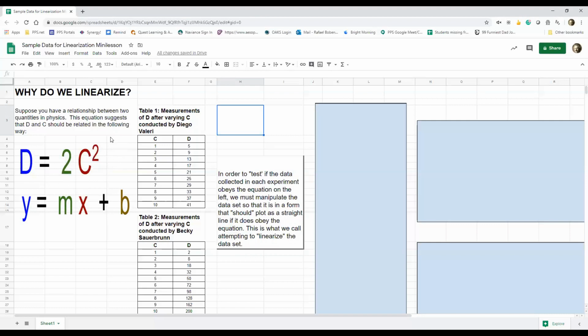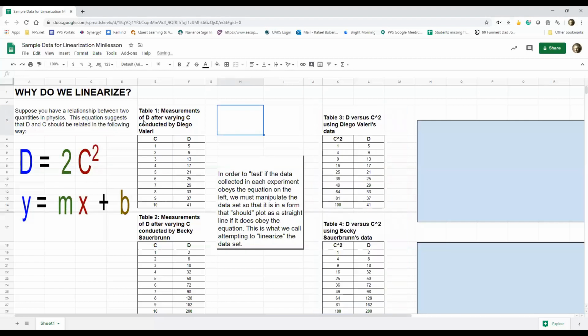So if D equals 2C squared is a valid equation, and if these data sets support that, then notice if I plot not C on the x-axis, but notice in red here, if I were to plot C squared on the x-axis and D on the y-axis, then supposing these things do obey this relationship, I should get a pretty linear plot. Okay, so the first thing you have to do is you have to convert these data sets. So notice what I've done here.